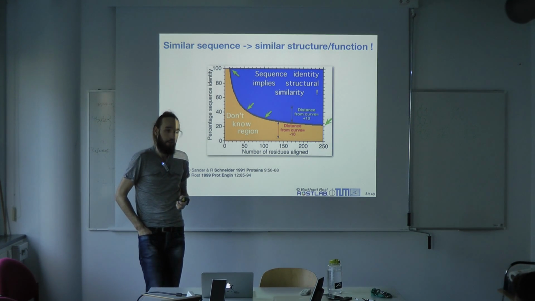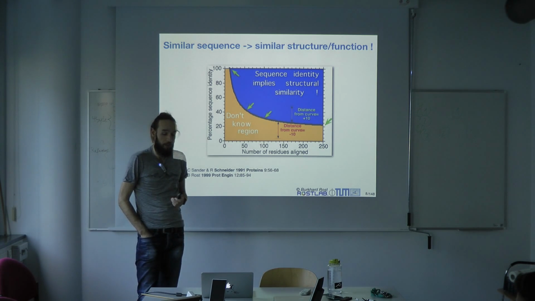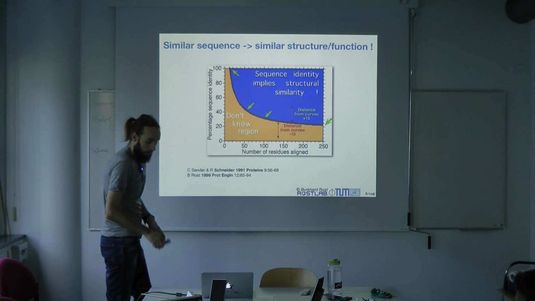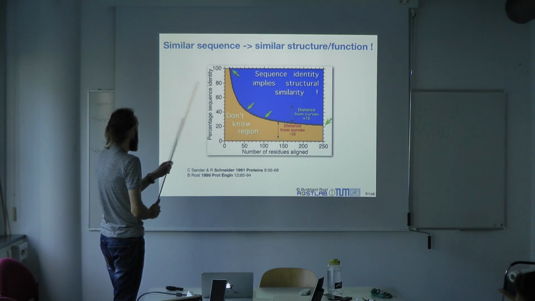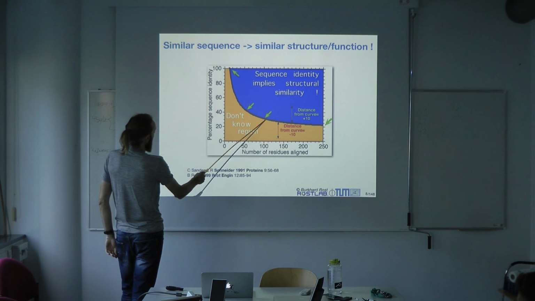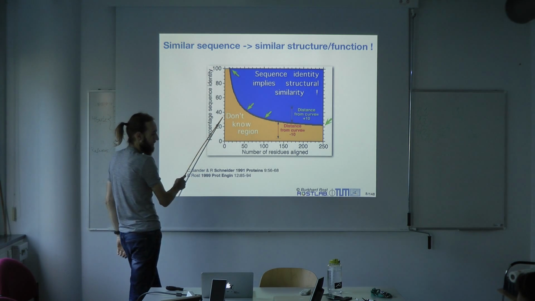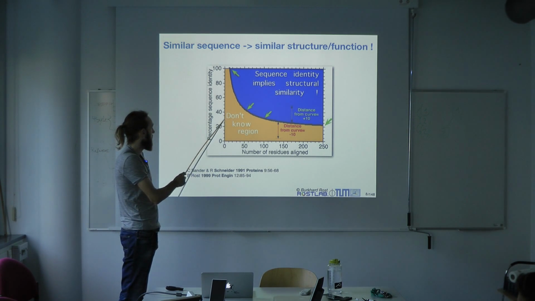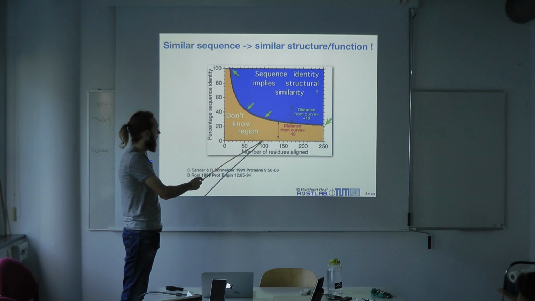And I'm showing this now in the context of variant effect prediction because if we look, for example, at 100 residues aligned, we have let's say 33% sequence identity, I believe, as our cutoff, where we are exactly at the curve.